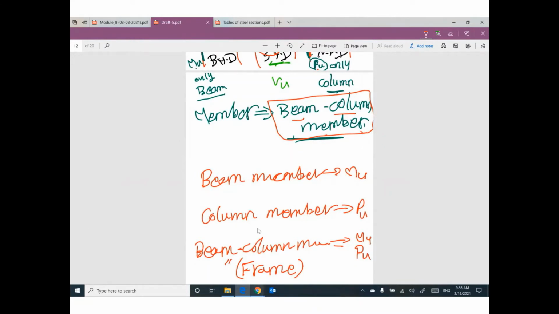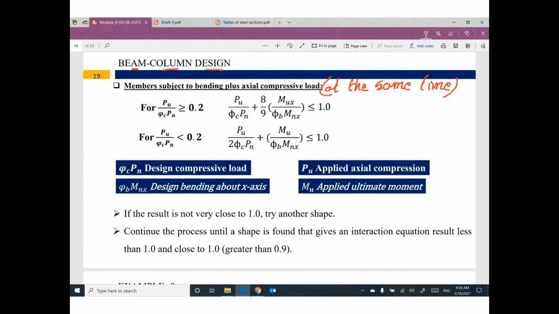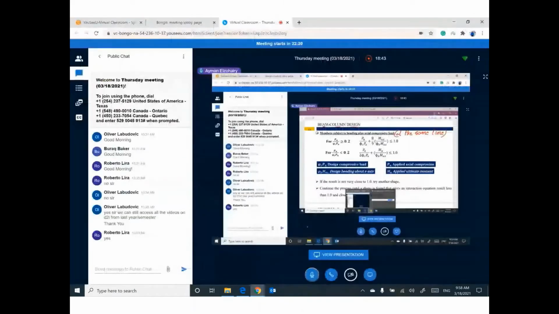Because if you can figure out the correct value for M ultimate, P ultimate, and V ultimate, I believe you can select a safe cross section. So the structure analysis and loading are the most important steps. But for design, it's very easy. Nothing serious.